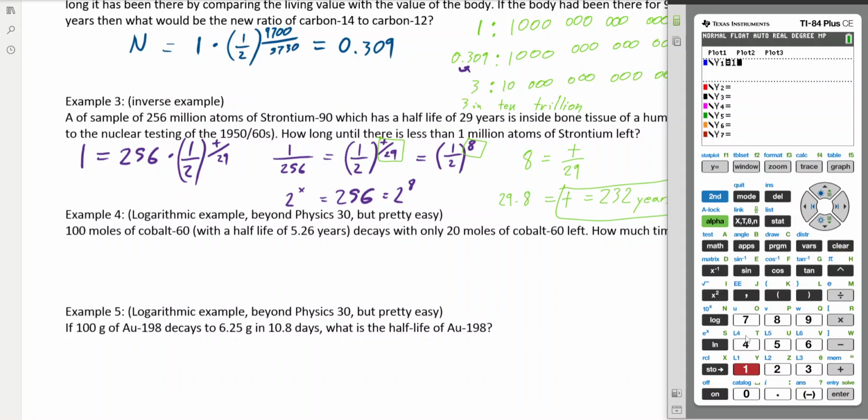You can certainly just do 256 times, and then what we're doing is finding the intersect between these 2 graphs. We're going to need a window setting of 300 or so.